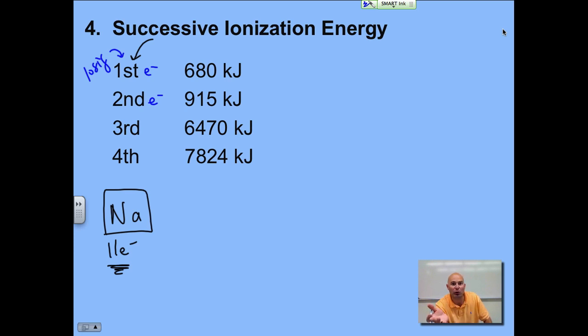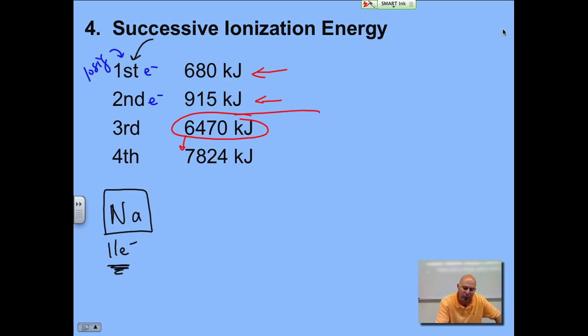It doesn't want to lose the next one. So take a look at these. Our first ionization energy, 680 kilojoules. Our second costs it 915, let's say. I made these numbers up. The third, notice there's a large jump. We're going from 900 to 6,000. And then this next one is not quite as big a jump either.